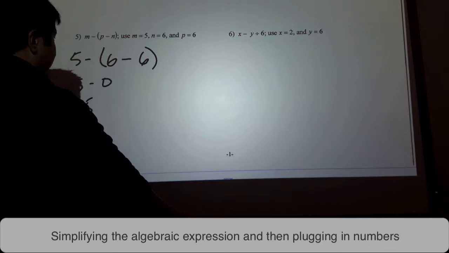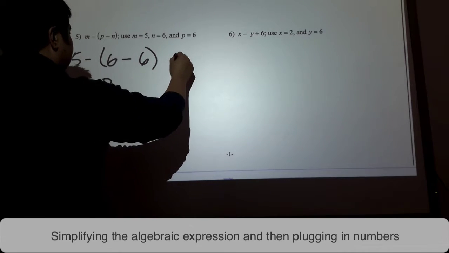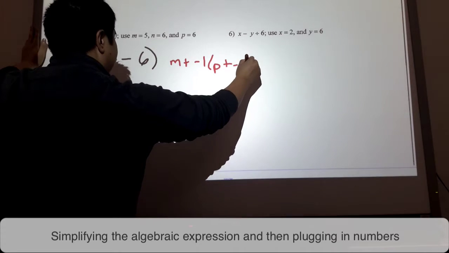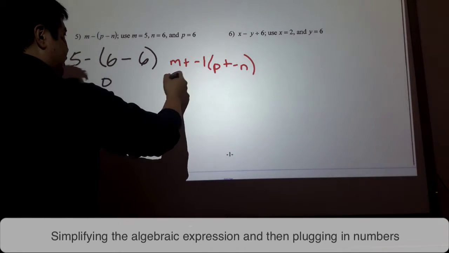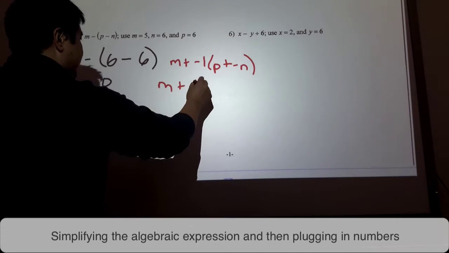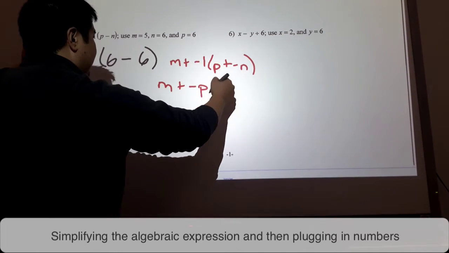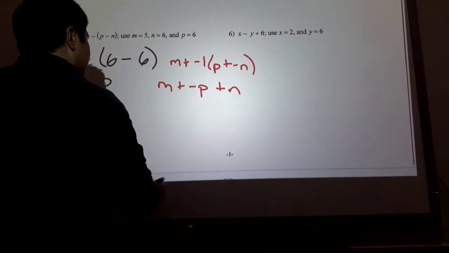The other way is to distribute and go from there. So we have m plus negative 1 times (p plus negative n). And we distribute the negative 1 in there. We get m plus negative p. This negative 1 times this negative n gets us a positive n.